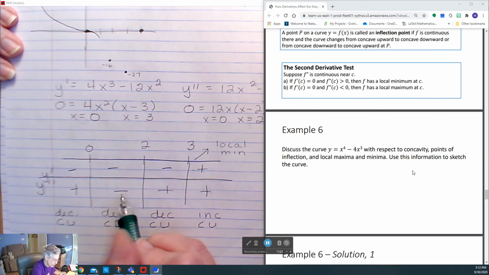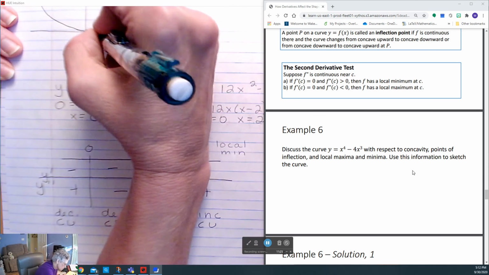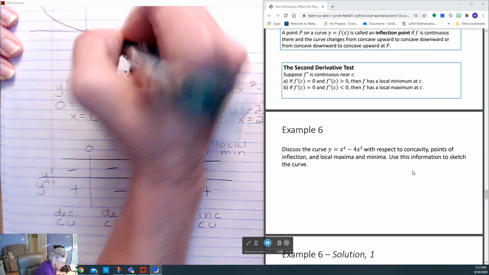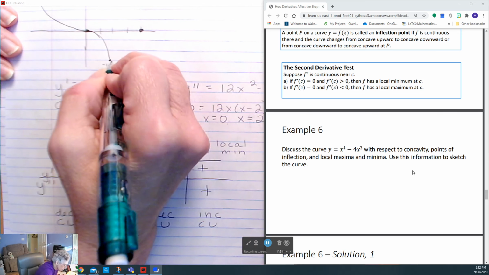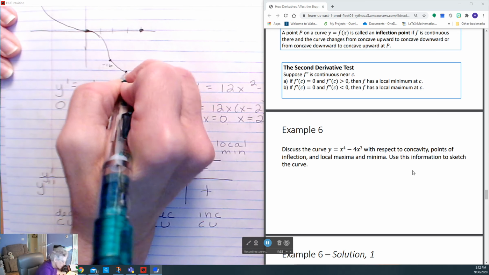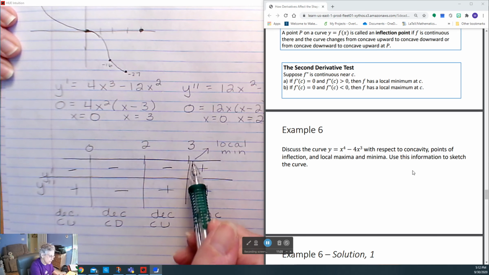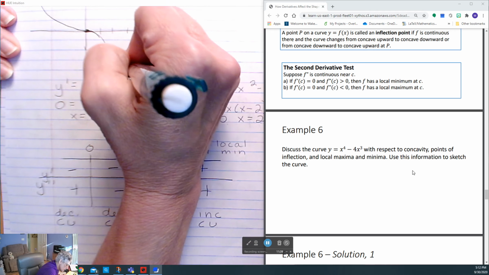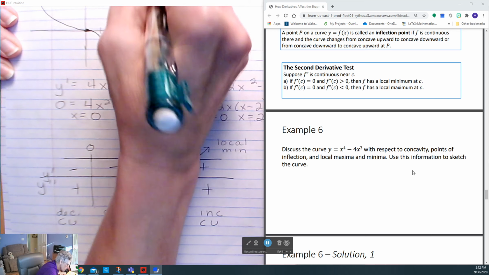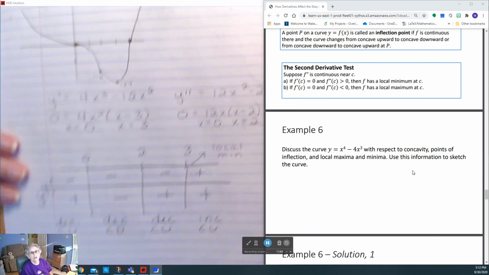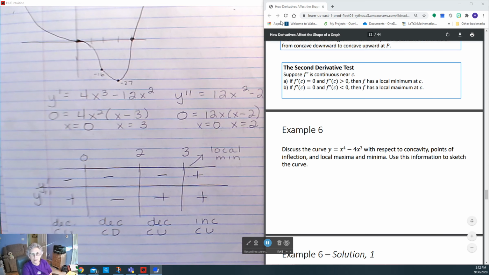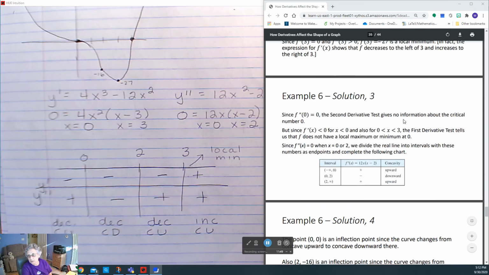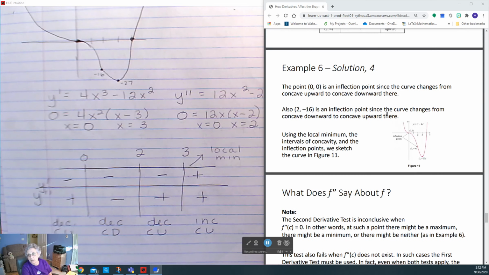It stays concave down until it gets to 2. Then it switches back to concave up. It reaches its local min there at 3, and then it stays concave up forever.